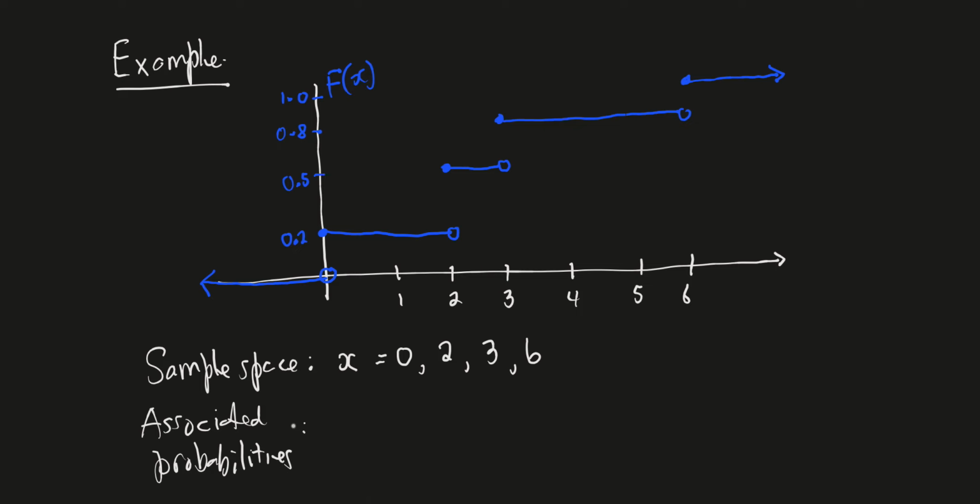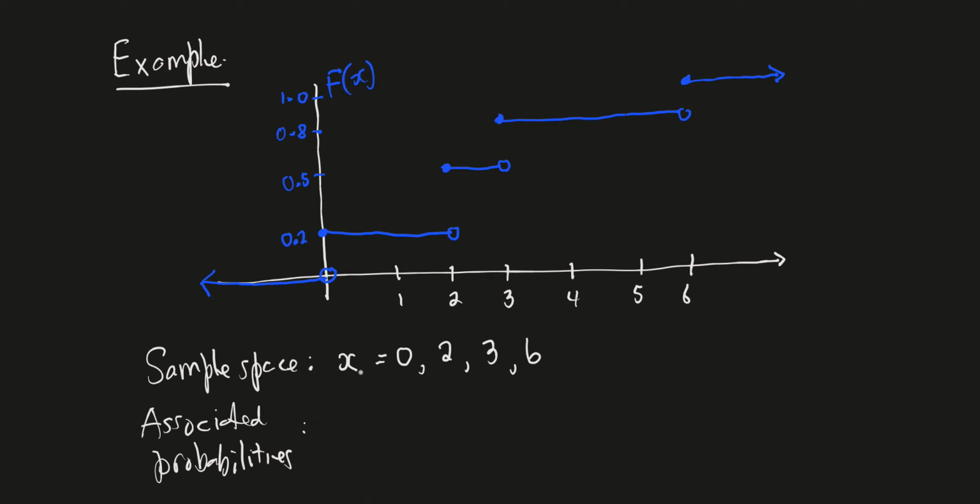And the fourth property of the CDF says it's the height of every jump, right? So the jump at x equals 0 has a height of 0.2, because you're jumping from 0 up to 0.2.